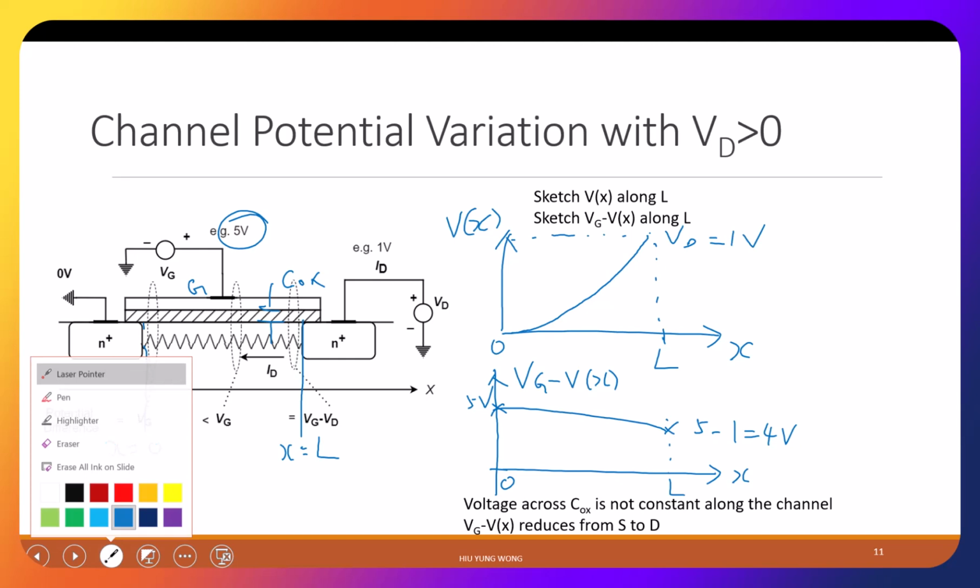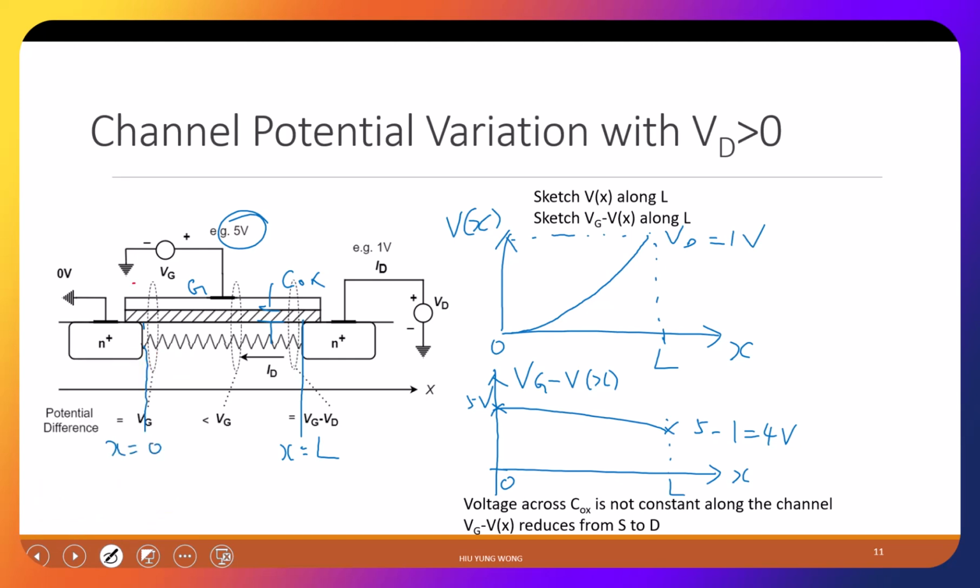So what I'm trying to say is this: this is 5, this is 0, and this is 5, and this is 4. And you are applying this across a capacitor, this one, Cox. Look at this, they are all capacitors.